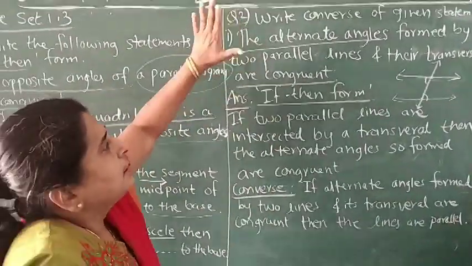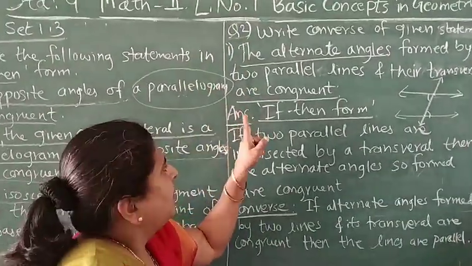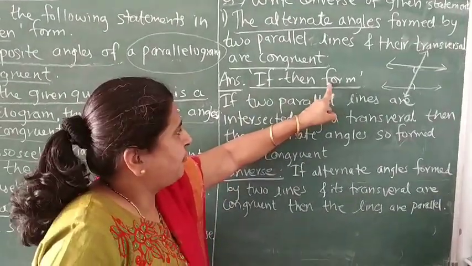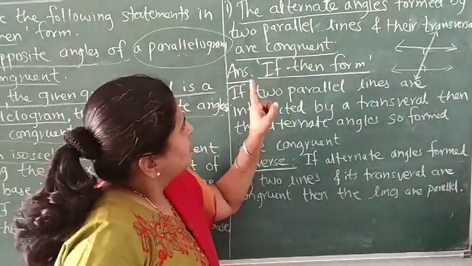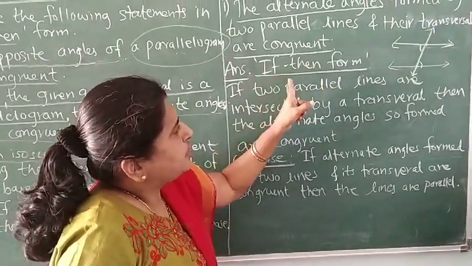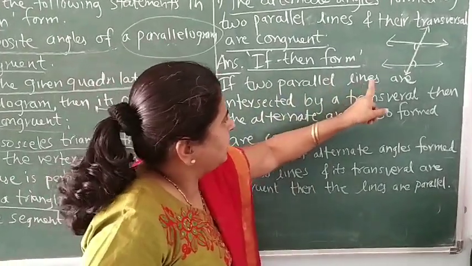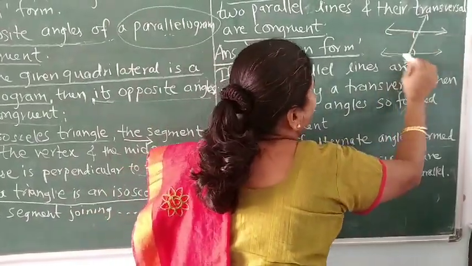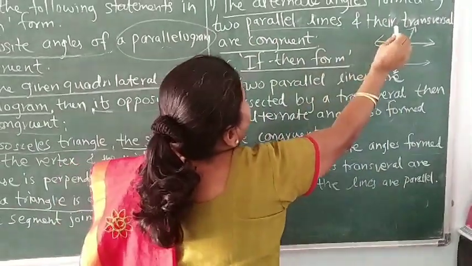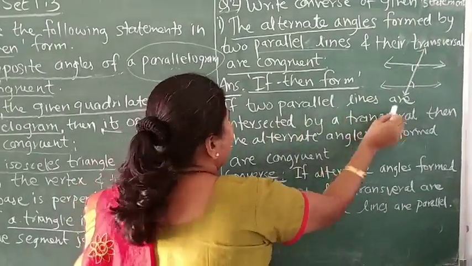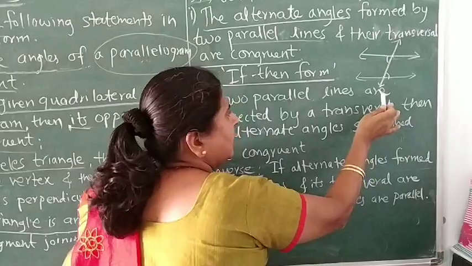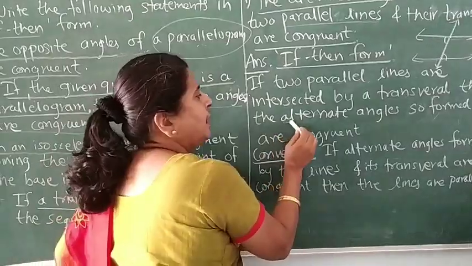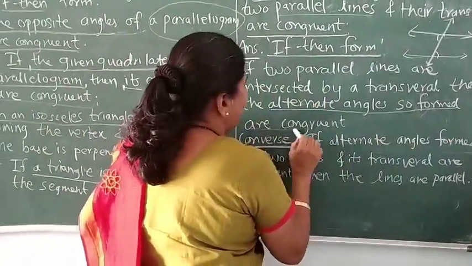As the statement is not given in the if-then form, let's write it in if-then form. This is not your answer, but this if-then form will help you to write the converse. So what is the situation? If two parallel lines are intersected by a transversal, meaning these two lines are parallel and we have a transversal, then the alternate angles so formed are congruent.